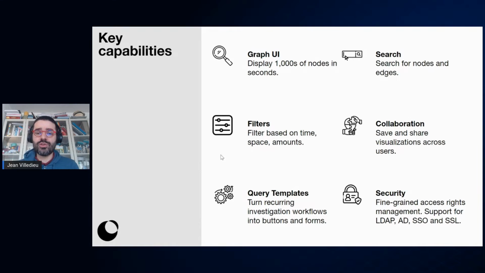We also provide a search engine backed by Azure Search, with which you can easily search for nodes and edges in a very intuitive way. You can also filter the data, slice and dice it based on time, space, quantitative properties, and more. You can also collaborate and save and share visualizations across users.